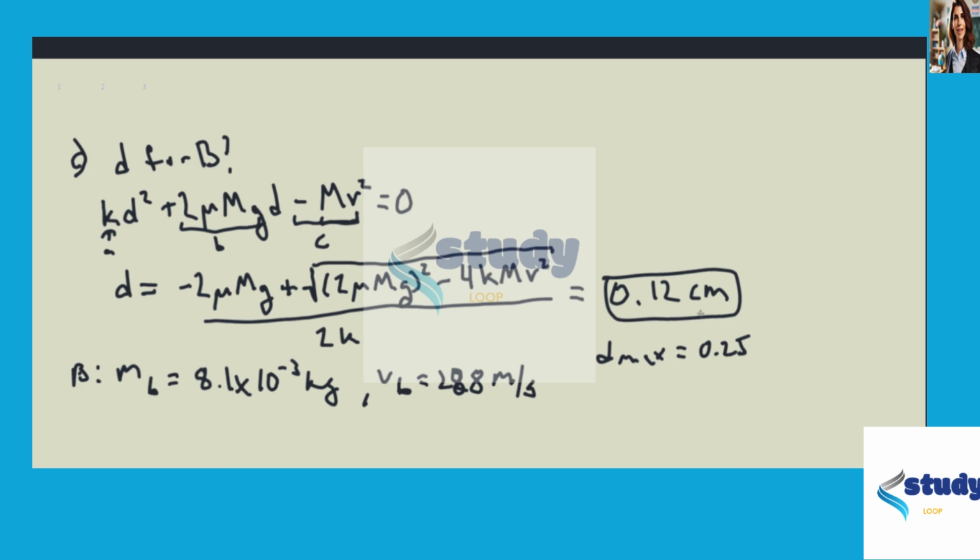It's either 25 or 12 centimeters or 0.12 meters. So the maximum displacement of the block is going to be 25 centimeters. The minimum one from the bullets in the table is going to be 12 centimeters.